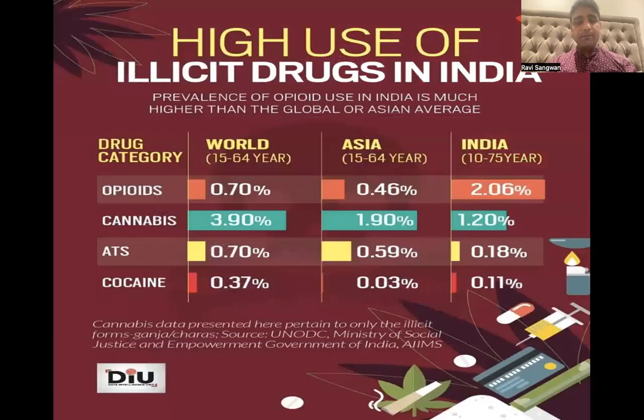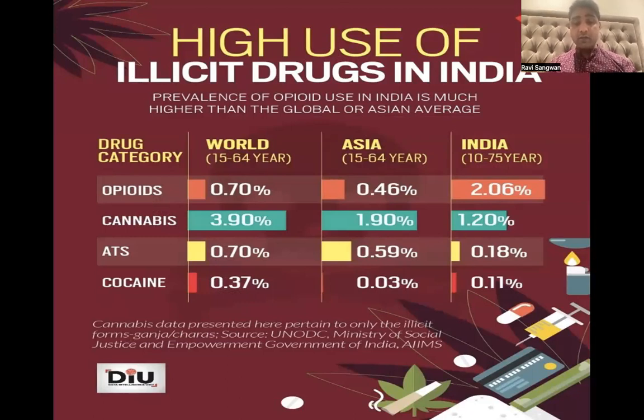So my first slide is high use of illicit drugs in India. Right now, India is also using a high amount of drugs. Mostly we are using cannabis. This slide gives you an overview of the rest of the world, Asia, and particularly India.